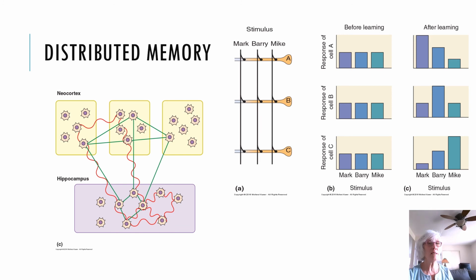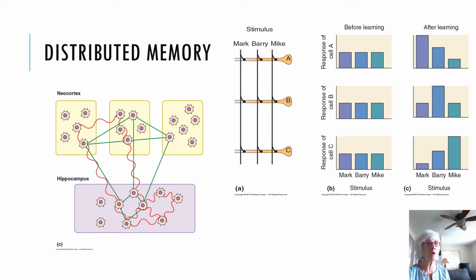So on the right-hand side of this slide, I've got an image from your textbook of a simple circuit where there are three different neurons, A, B, and C, and each of these three neurons has connections with three other sensory neurons. And we are going to use this simple circuit to recognize three different guys, one named Mark, one named Barry, and one named Mike.